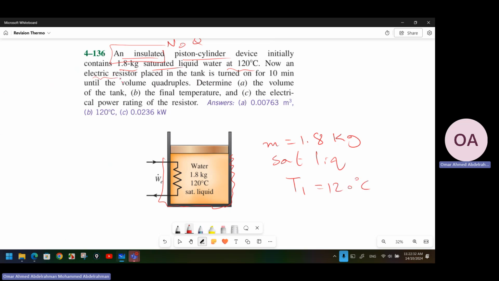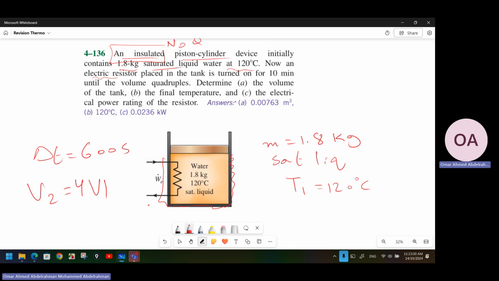Now, an electric resistor placed in the tank, similar to the previous one, is turned on also for 10 minutes. So delta T will equal 600 seconds as in the previous question. Until the volume quadruples. That means it is 4 times the initial volume. So I have the information that V2 is equal to 4 times V1.